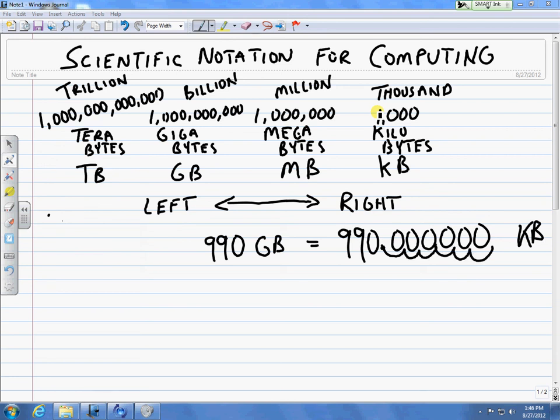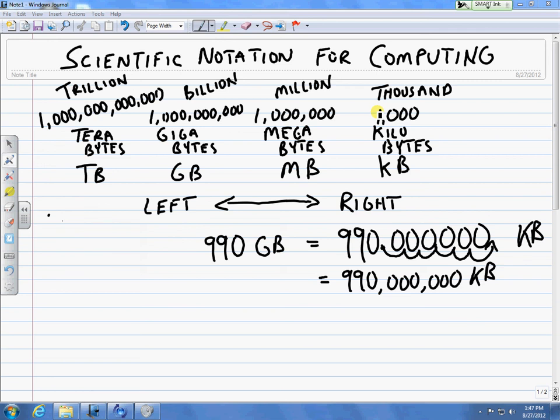So I'll rewrite this now, and we move that decimal point over to here. I'm going to use commas here. So 990 gigabytes is actually 990 million kilobytes.